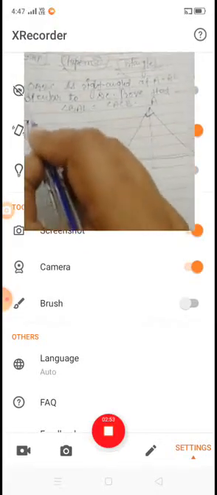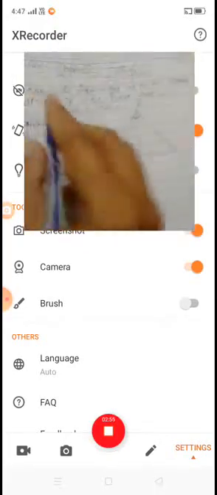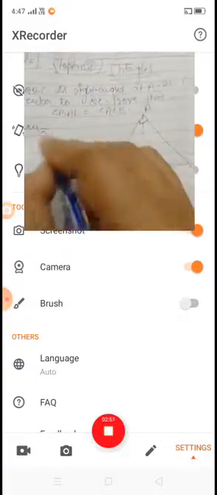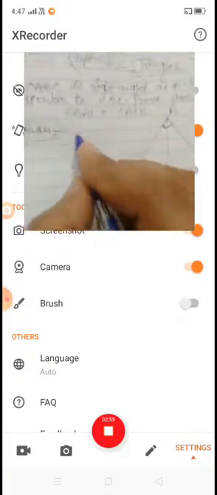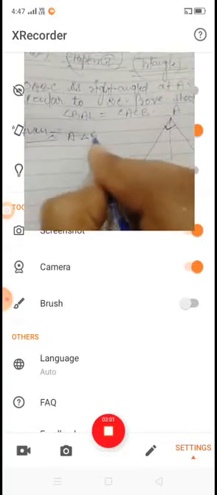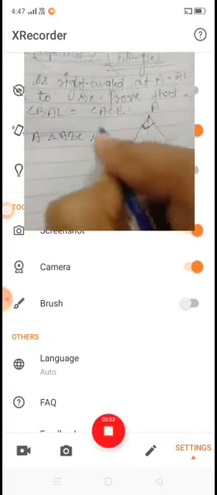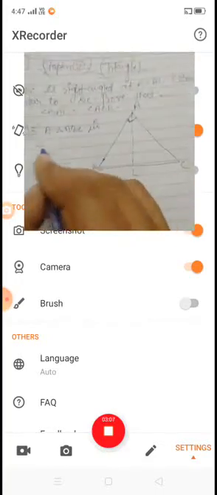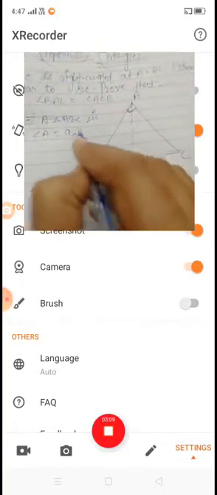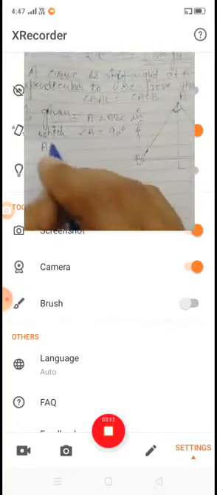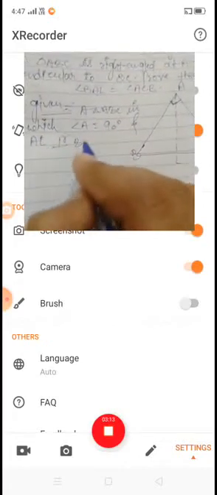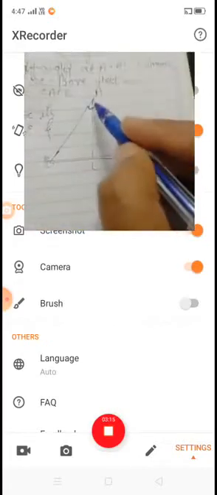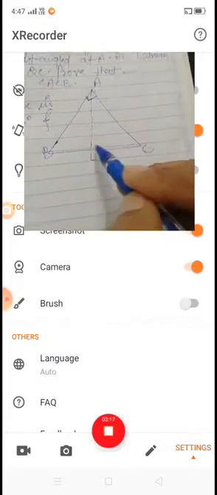Given: a triangle ABC in which angle A is equal to 90 degrees and AL is perpendicular to BC.